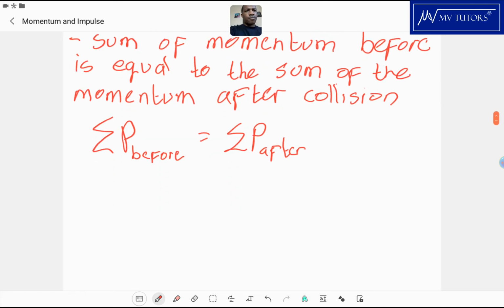Because of this, we can also test for something called elasticity. What is elasticity? An elastic collision is a collision where the kinetic energy is also conserved. The kinetic energy is given by the equation half mv squared.